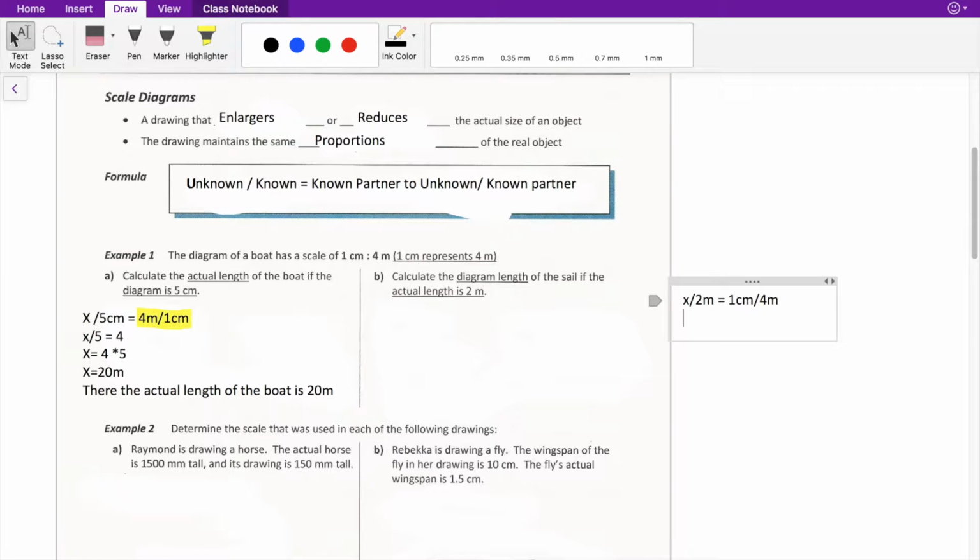So what's my first step here? Let's give Bladen the first shot at this. So my first step here is to go 1 divided by 4. So 1 divided by 4 is going to be 0.25.